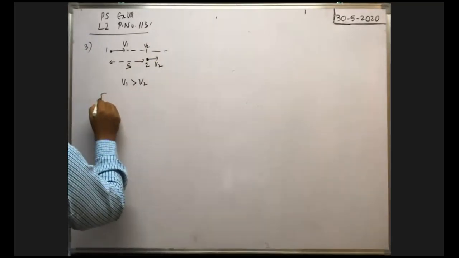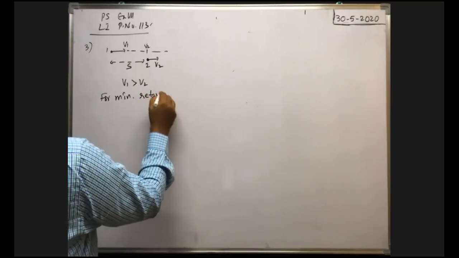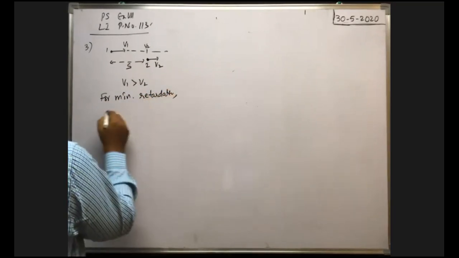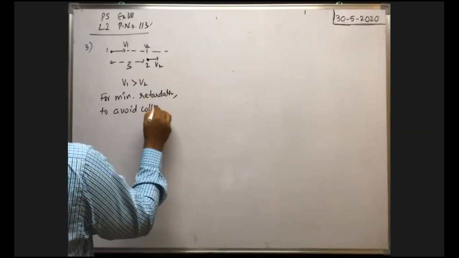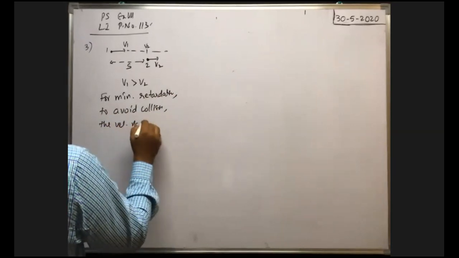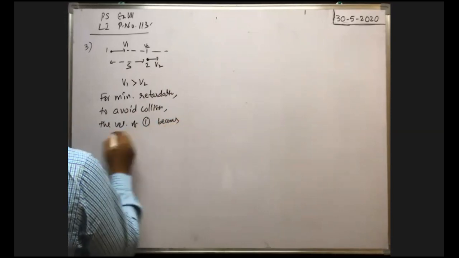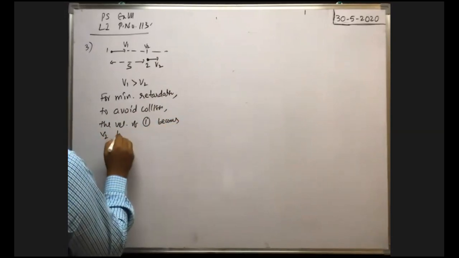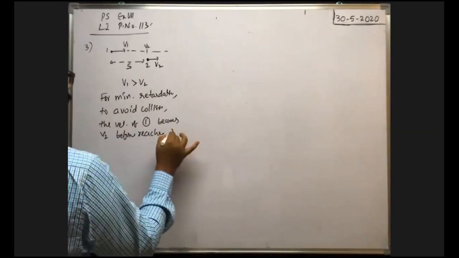So for minimum retardation, to avoid collision, the velocity of car 1 becomes v2 before it reaches the second car.